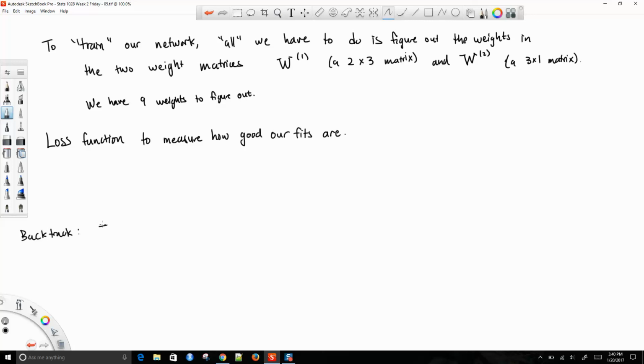So the activation functions are the Fs. We have a choice: when we set up our network, we can choose what these functions are.